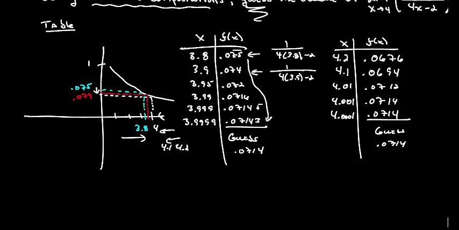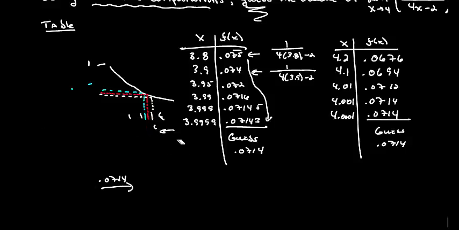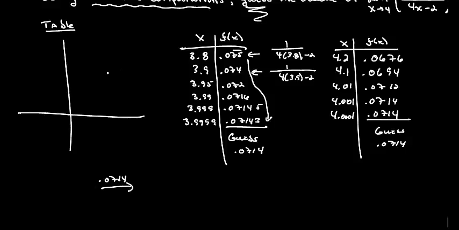Now here's the thing about the limits. As you come in from the left, we approach 0.0714 for the height values. As we come in from this side, let me actually draw out a better picture here for you so you can see these guys a little bit more closely. Believe me, it's worth taking the time. So here's 4. Let's say here is 3.8, 3.9, so on and so forth, 3.95.